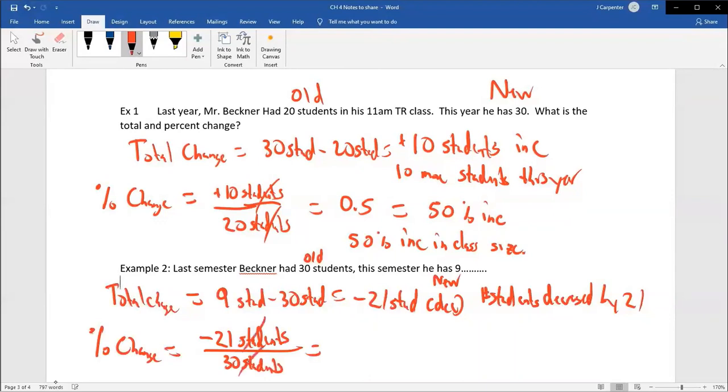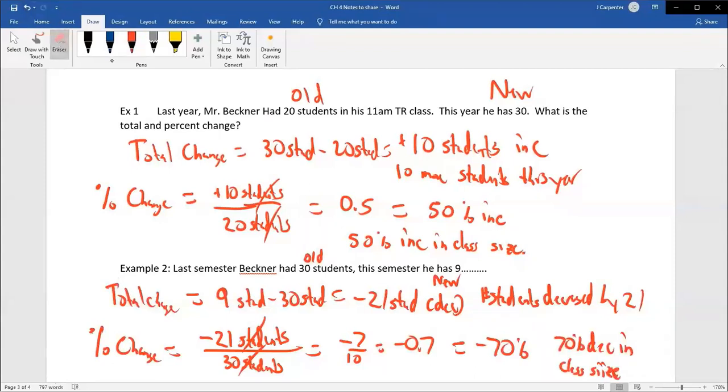The students will cancel in terms of units. 21 divided by 30 as a fraction reduces to 7/10, so that's negative 7 over 10, which would be negative 0.7 as a decimal, which is negative 70% as a percentage. So that's a 70% decrease in student size and class size. Number of students, however you want to say it. Yes, I wrote two I's there. Let me just erase one. There we go.